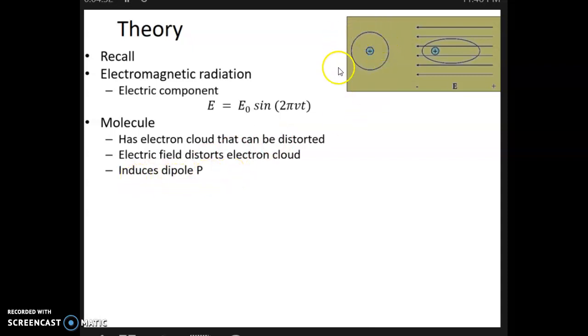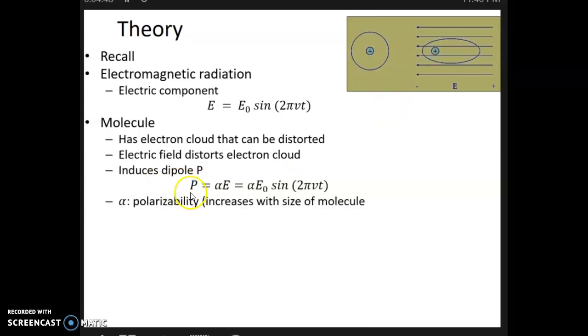For example, if you look at this charged particle, in the presence of the electric field there's a redistribution of how the positive charge is being felt. So the induced dipole is given by P equals alpha E, where E is given by that equation, and alpha is called the polarizability of a molecule.